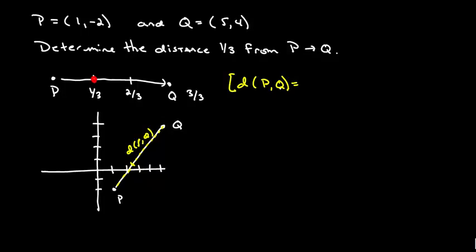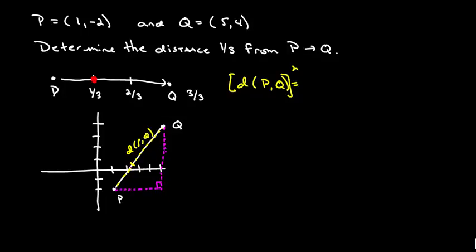So if you square that distance, and I create a right triangle by dropping down and over, I can tell how far each of these guys are, right?